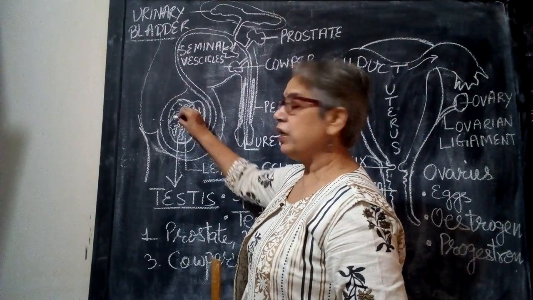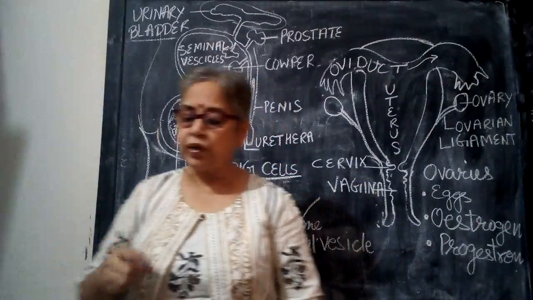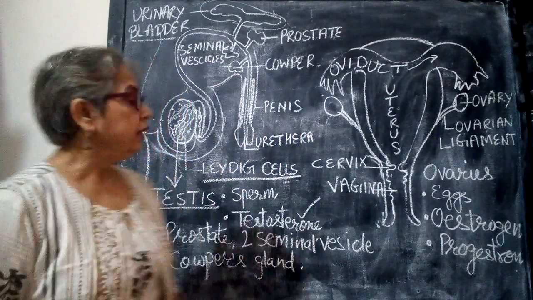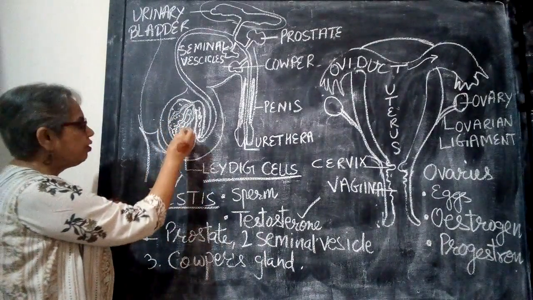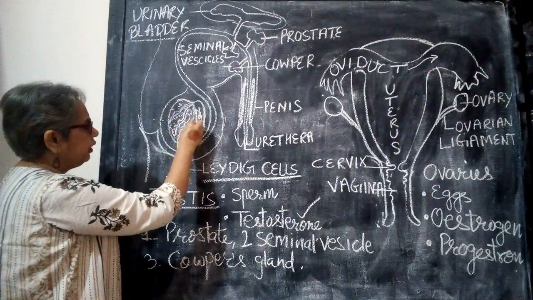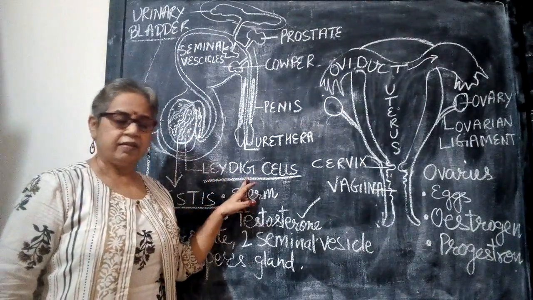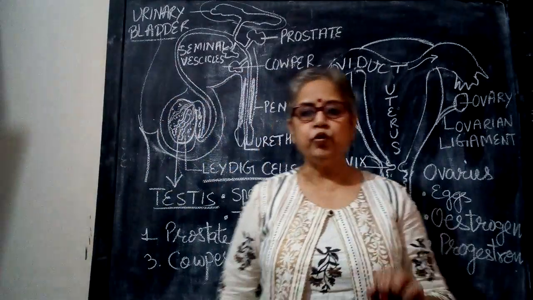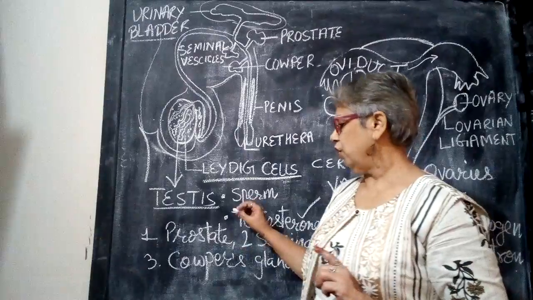In these seminiferous tubules, spermatogenesis, that is the production of sperms, is taking place. And the space in between the seminiferous tubules is filled with another type of cells called Leydig cells. Now Leydig cells, their function is to produce male hormone, that is testosterone.